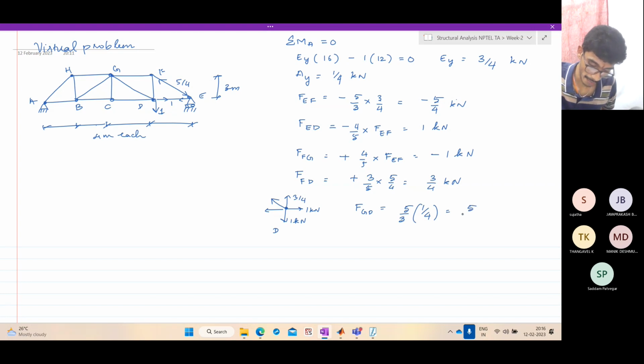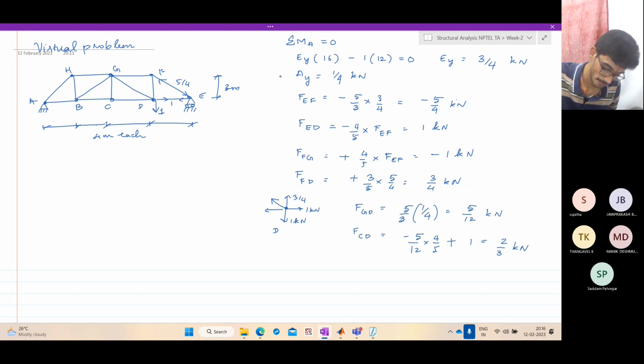This is 5 by 12 kilonewtons. And FCD is equal to minus 5 by 12 into 4 by 5 plus 1. This is nothing but, 5 cancels, minus 4 by 12, which is minus 1 by 3. So it is 2 by 3 kilonewtons.